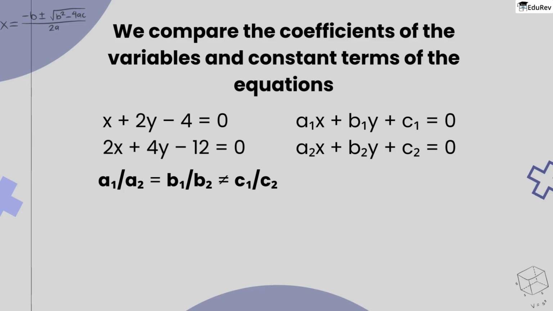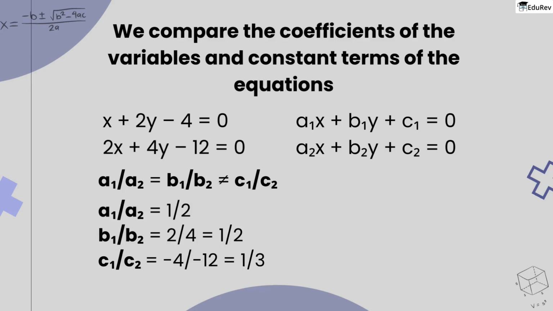Let's see. In the equations, a1 by a2 equals half, b1 by b2 equals 2 by 4, which is equal to half, and c1 by c2 equals -4 by -12, which is equal to 1 by 3.